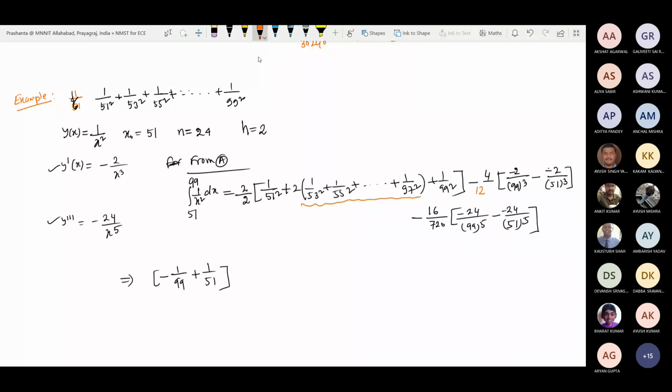So this two is cancelled out. Suppose the given series is equal to k. So it will be k minus 1 by 51 square minus 1 by 99 square, times 2.